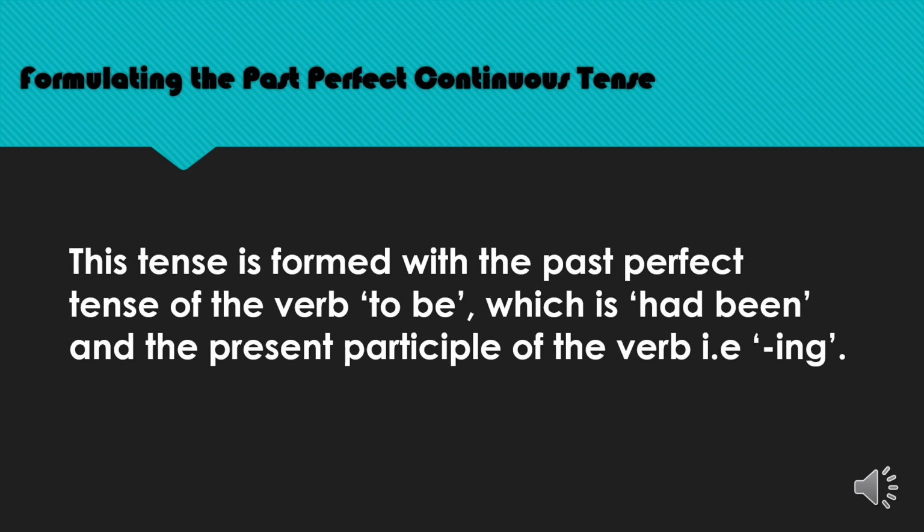So, she had been studying since morning. Now, the use of since and for is also necessary to learn. Since is used for the point of time, whereas for is used for the period of time. Clear?